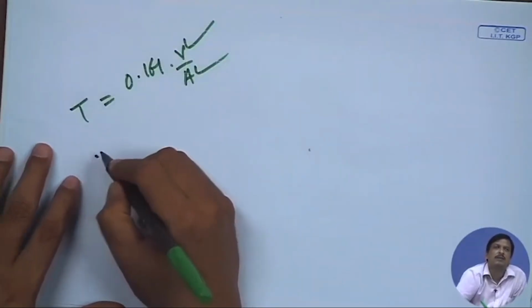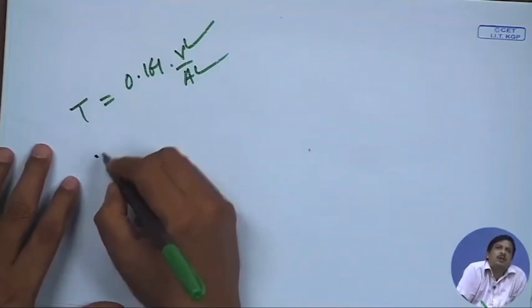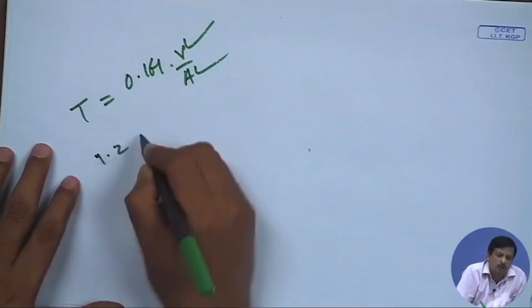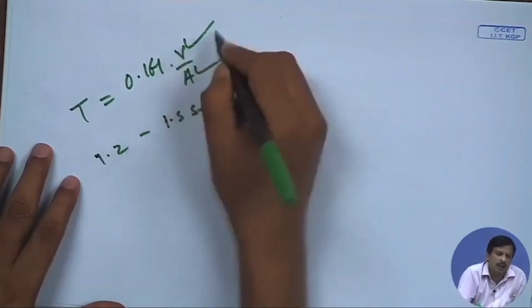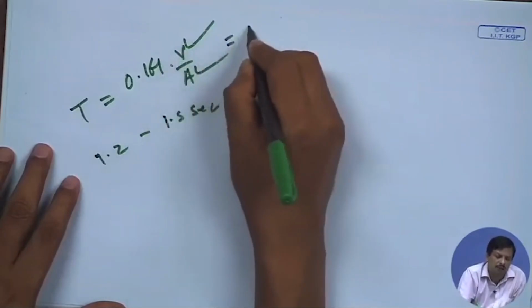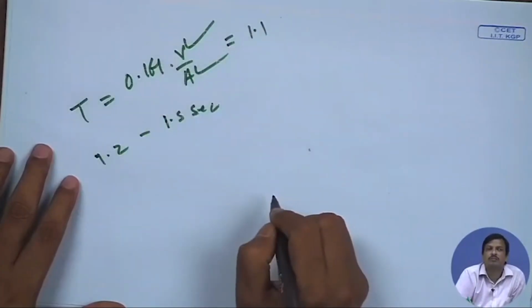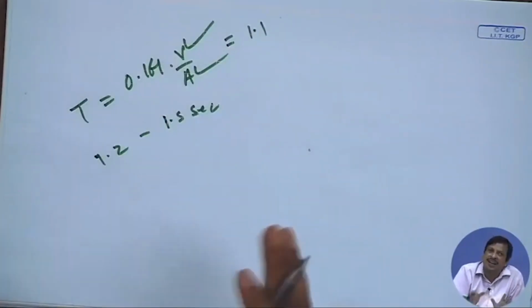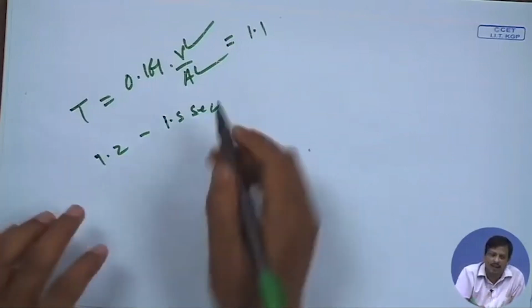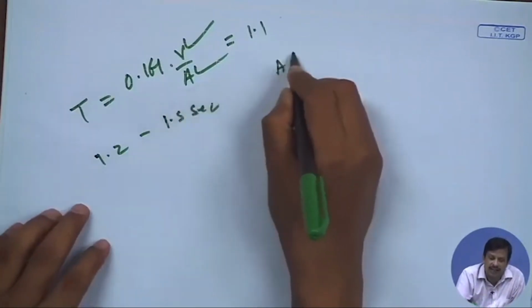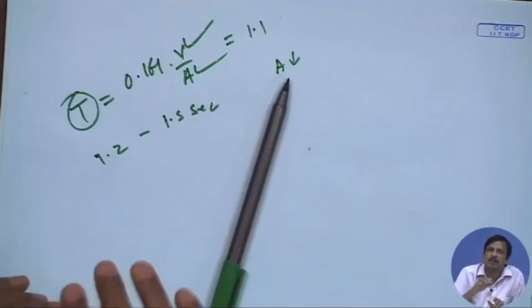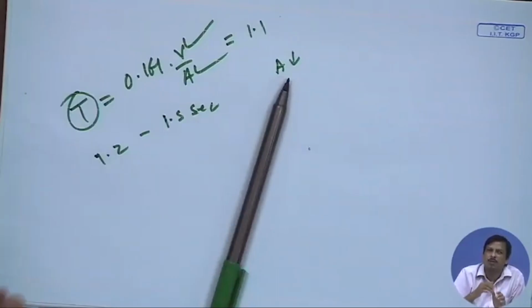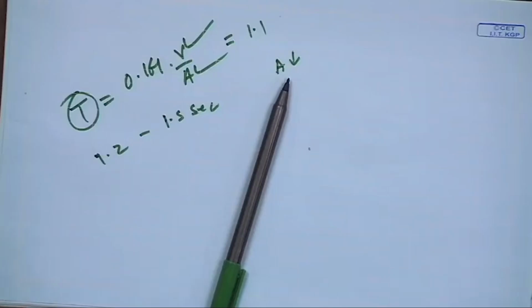Suppose the architect said that my auditorium reverberation time should be 1.2 to, let us say, 1.5 seconds. Then after calculation I found it is coming 1.1. So, I have to readjust the material and decrease A, so that reverberation time is increased. So, for the front part of the stage I can use another material which has a much lower absorption coefficient.